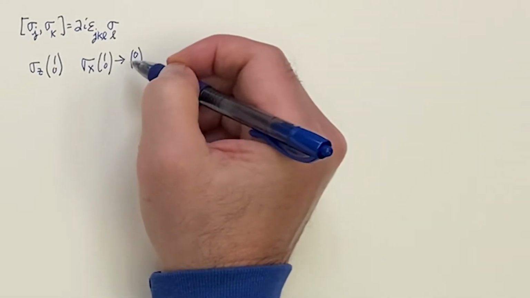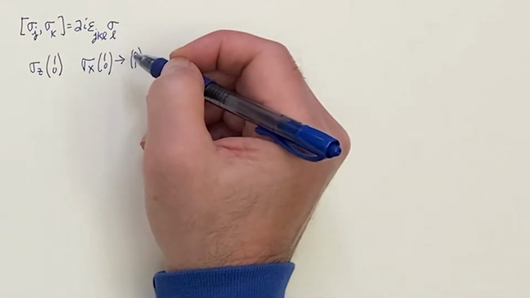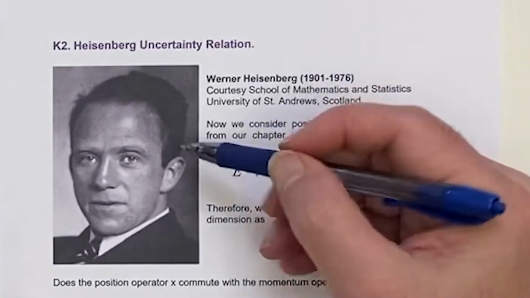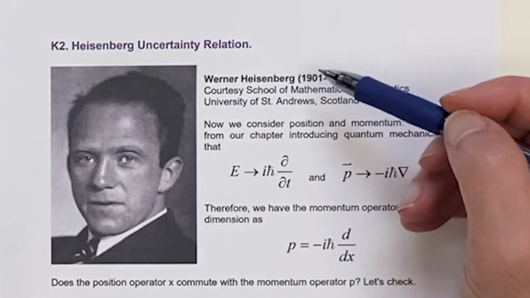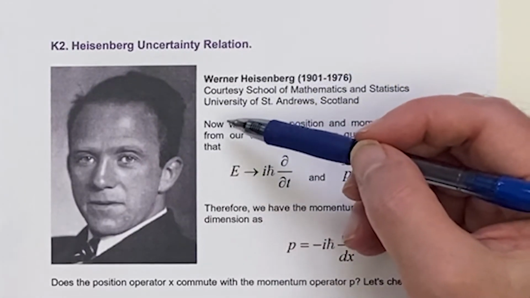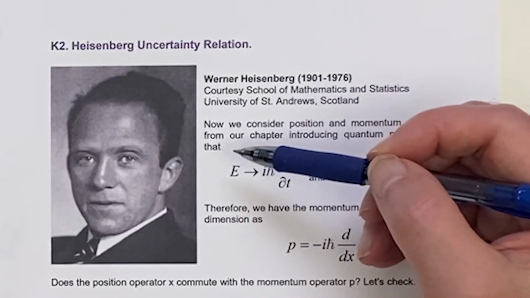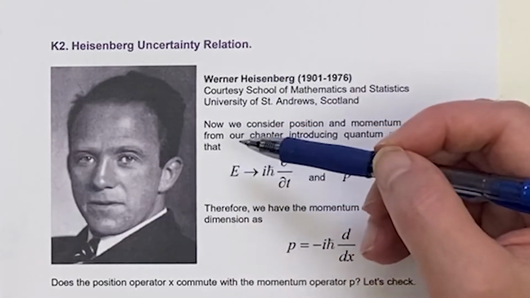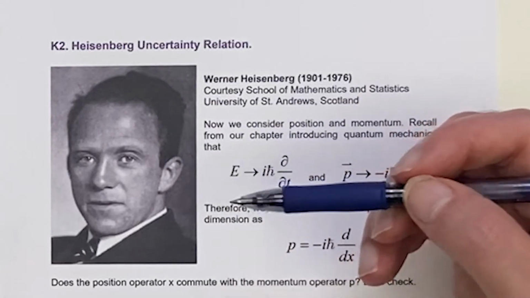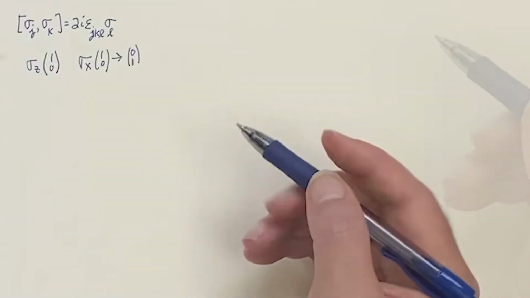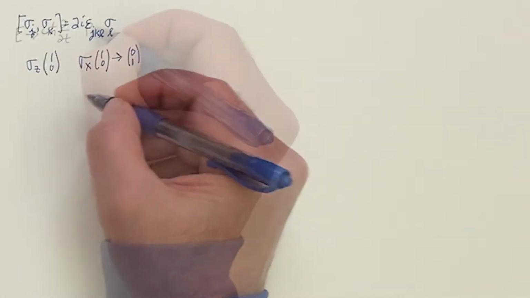So you changed the state. And that brings us to the uncertainty principle. Heisenberg's uncertainty principle here, where when you take a measurement, you may disturb a state, or you may not. If it's an eigenvector, you get the same thing back. So we have to consider the general case. You can disturb the state.